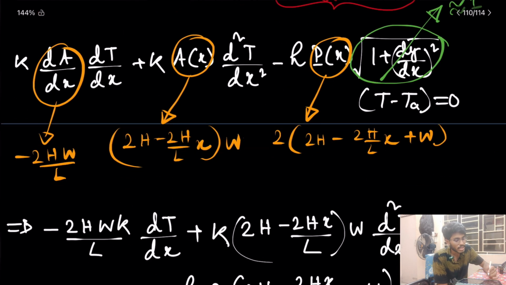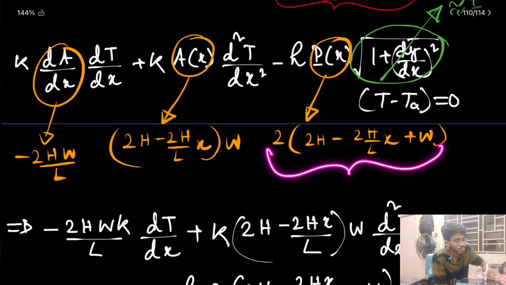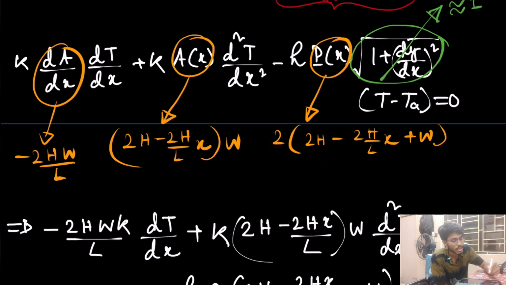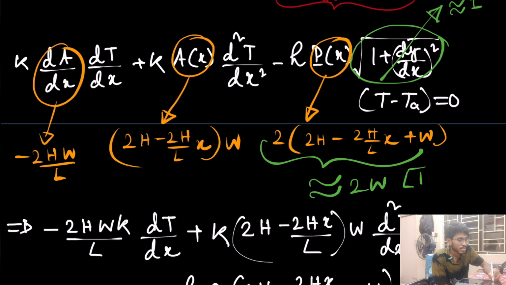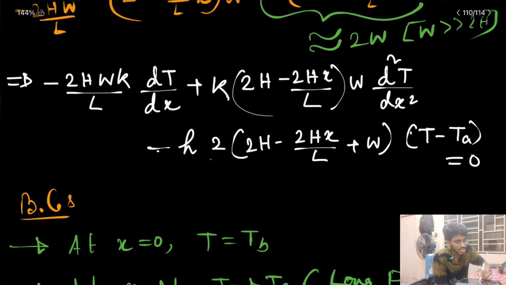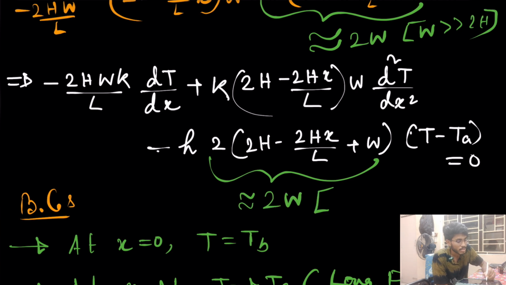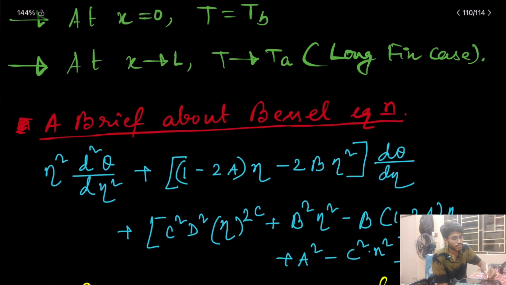I am writing it as approximately 2W if my W is much greater than 2h, right? Again, this becomes 2 into W. I am writing everywhere for your understanding.